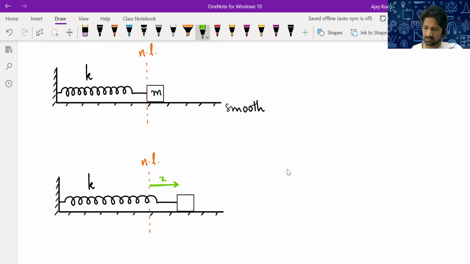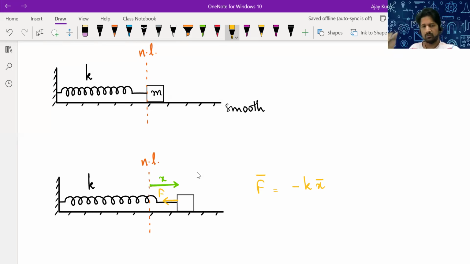If the spring is stretched by a distance x, then the spring force acting on the block, the formula for spring force we know is F is equal to minus kx. Minus indicates direction, but since we have already indicated the direction here, you can say the force F here is equal to kx in magnitude. As a vector, if you want to write, then you will write it as minus kx.